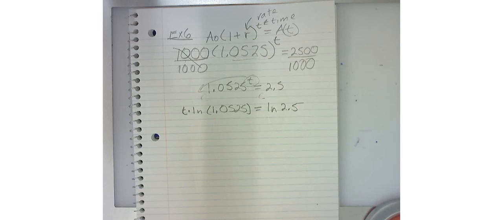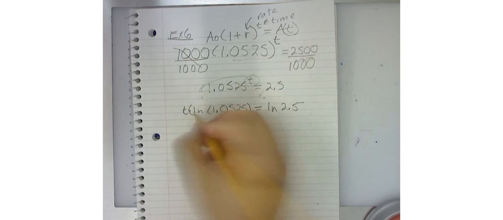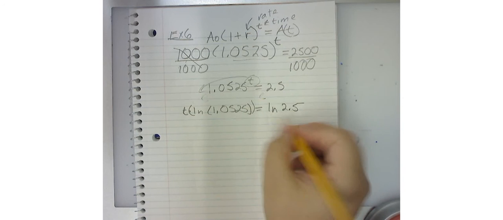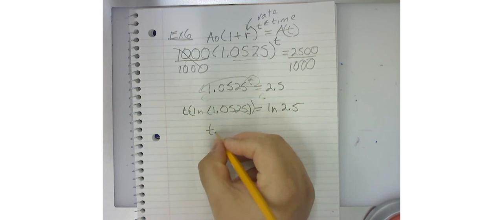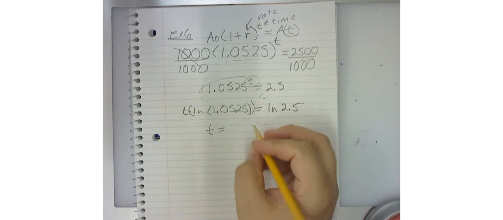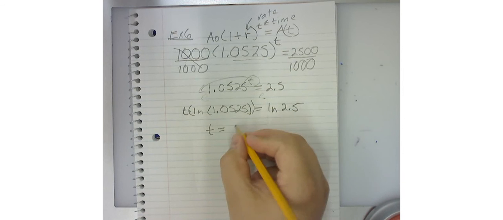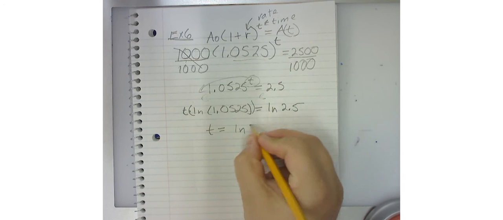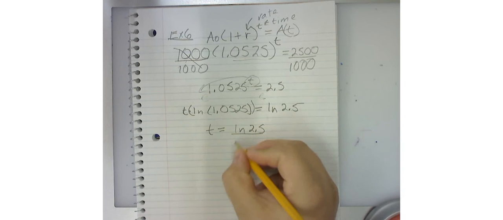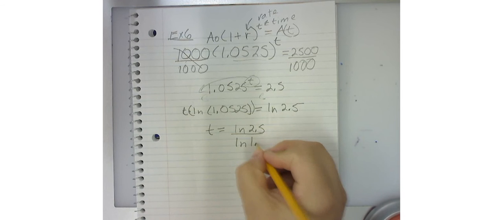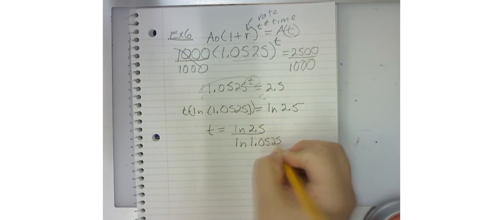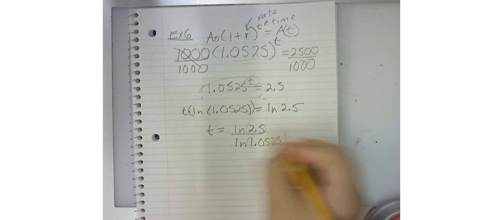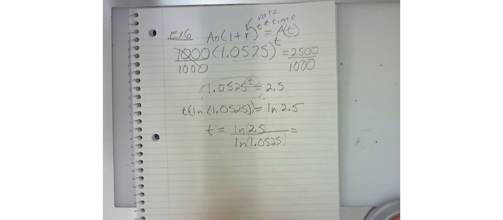Well, since t is being multiplied by all this stuff, if I divide both sides by the natural log of 1.0525, then I'm going to get the natural log of 2.5 all over the natural log of 1.0525. Now remember, these are numbers. When you take the natural log of these numbers, it's actually literally a number.